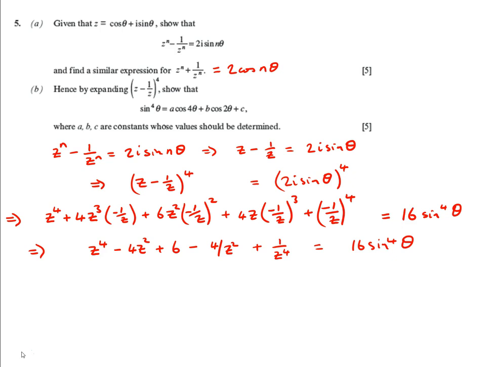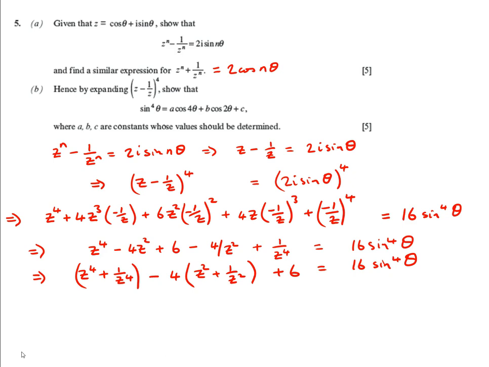If we now pair up the z to the 4 and the 1 over z to the 4, and the minus 4z squared and the minus 4 over z squared, we've got z to the 4 plus 1 over z to the 4, minus 4 lots of z squared plus 1 over z squared, plus 6 equals 16 sin to the 4 theta.